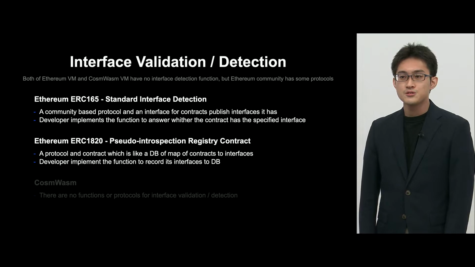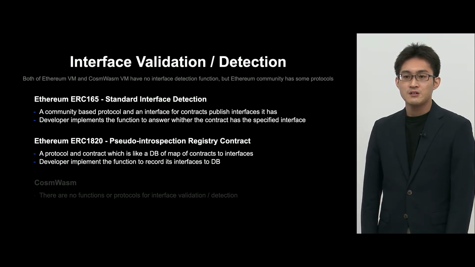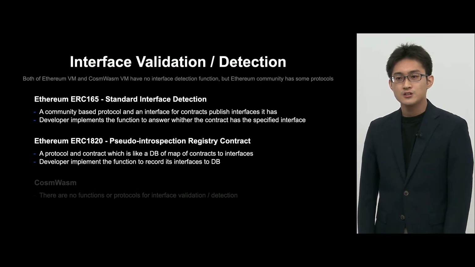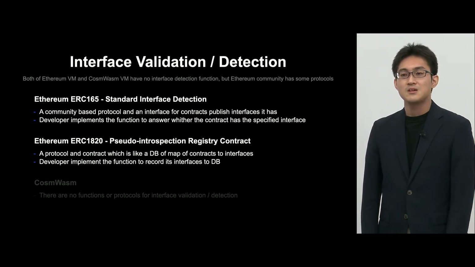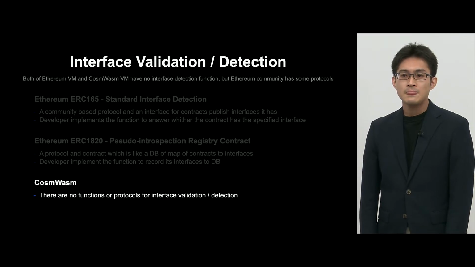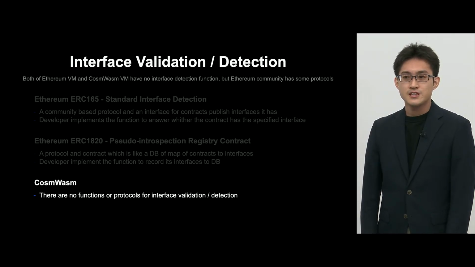ERC 165 will make a self-report to the record of the interface that you execute. ERC 820 has related information aggregated inside the interface that serves like a database of the contract. And each contract will make sure that your interface is being registered.